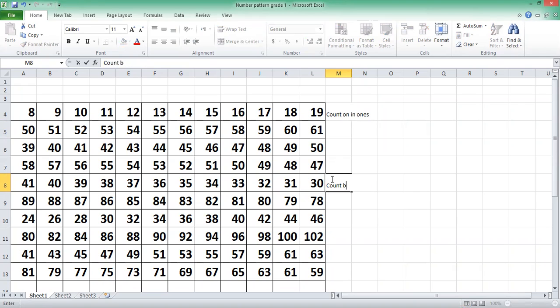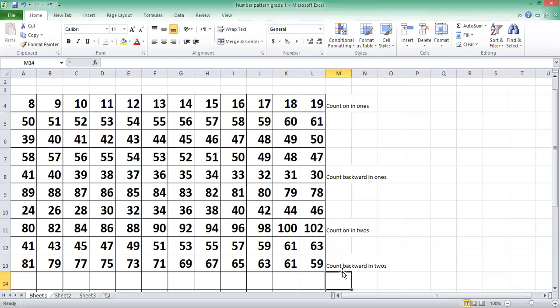One pattern we have discussed is counting on in twos. And one pattern we have discussed is counting backward in twos. These are the patterns we have discussed.